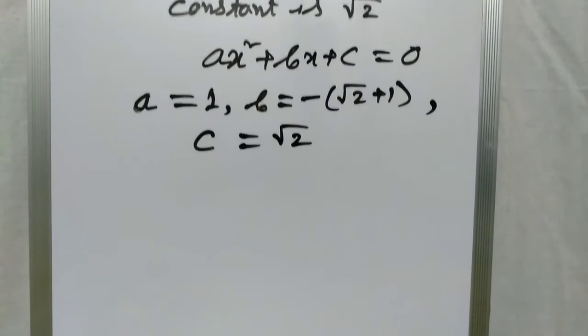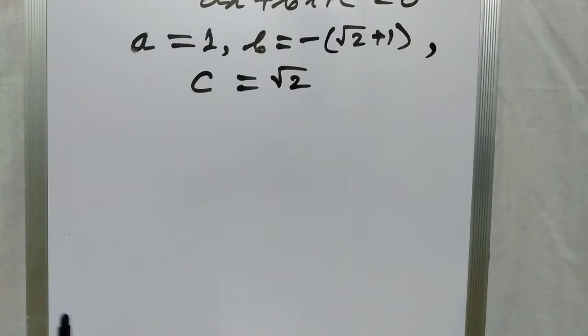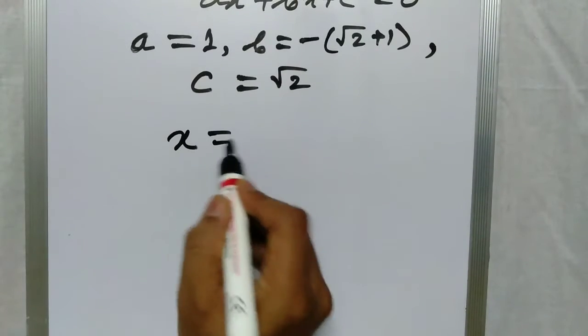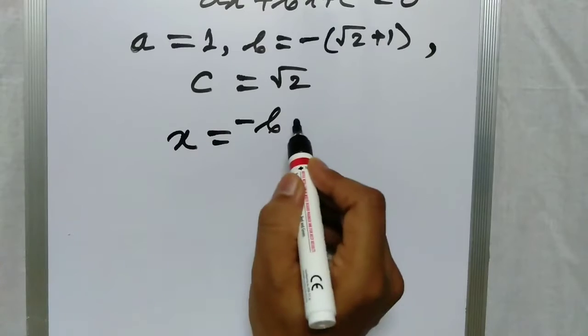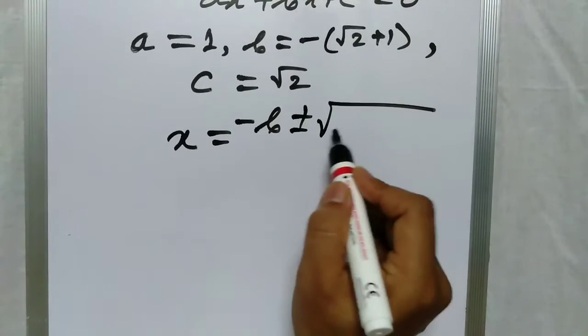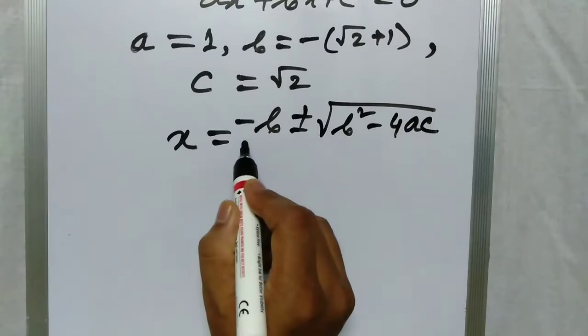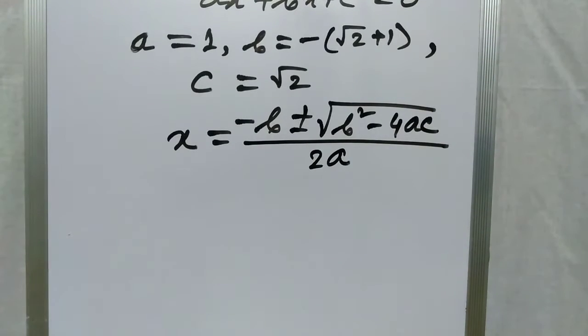Now, Sridhar Acharya's formula is x is equal to minus b plus minus root of b square minus 4ac, by 2a.